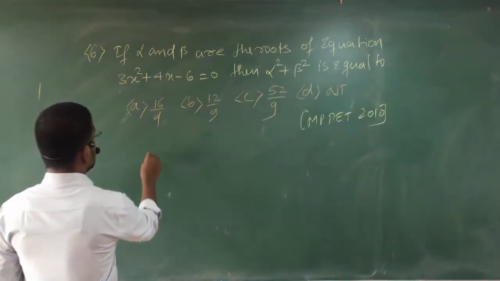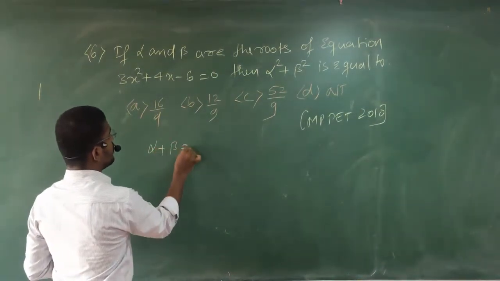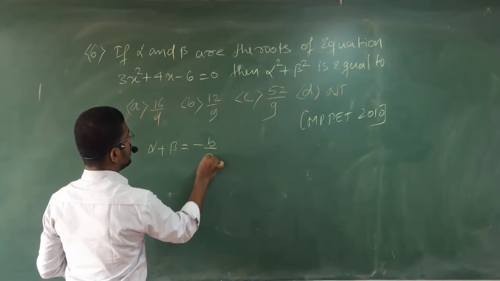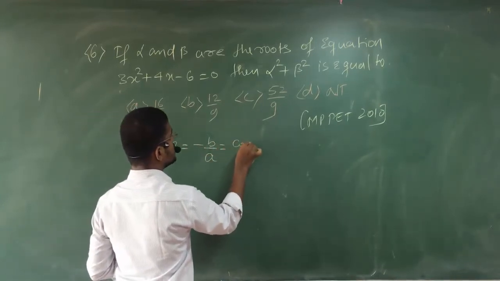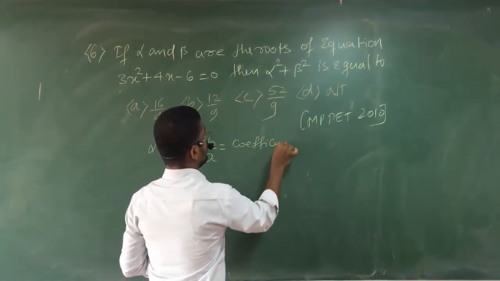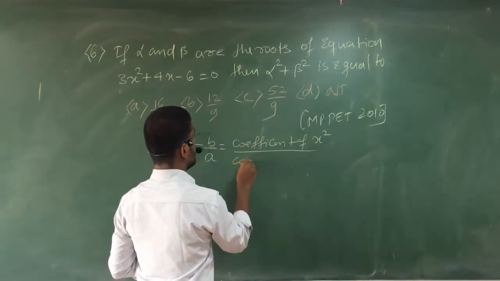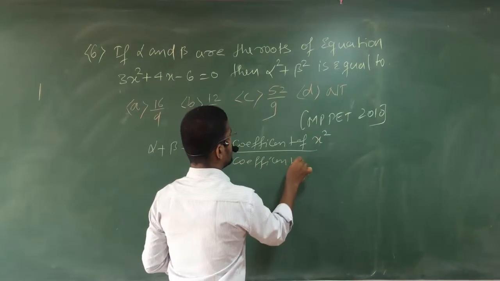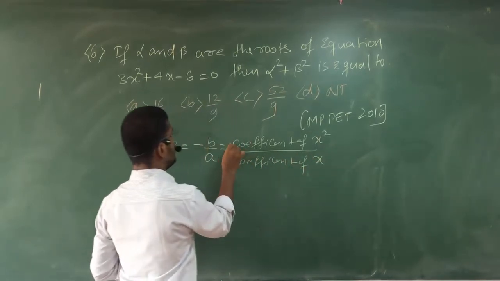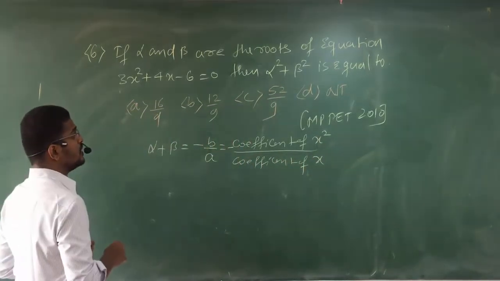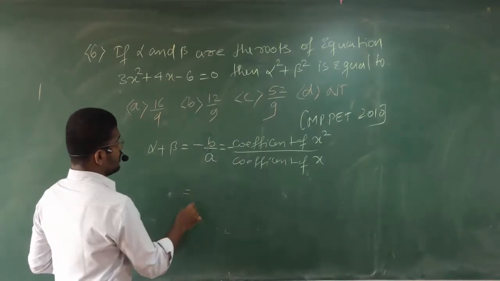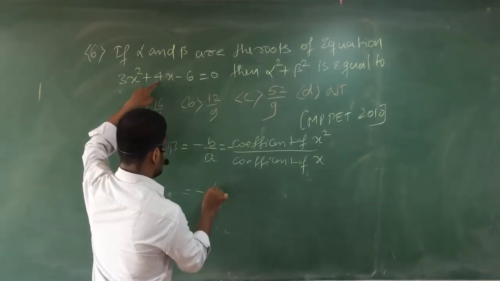That is alpha plus beta equal to minus b by a, where a is the coefficient of x square and b is the coefficient of x, and this is minus. So now minus, what is b here? 4.